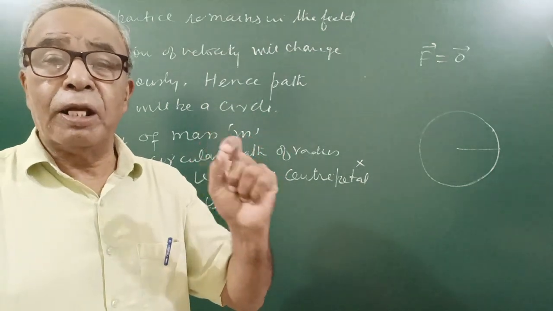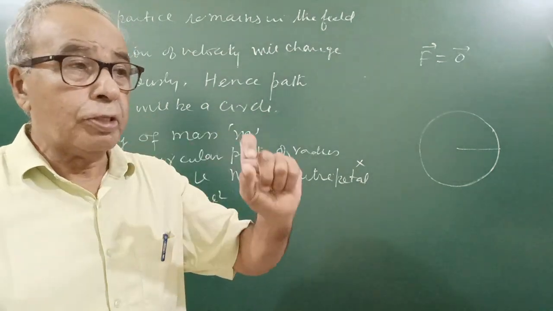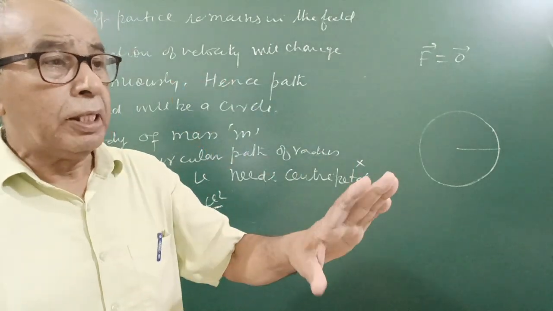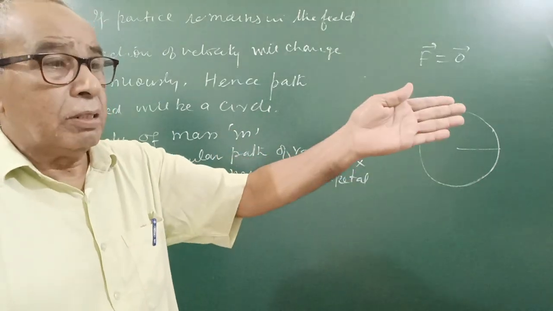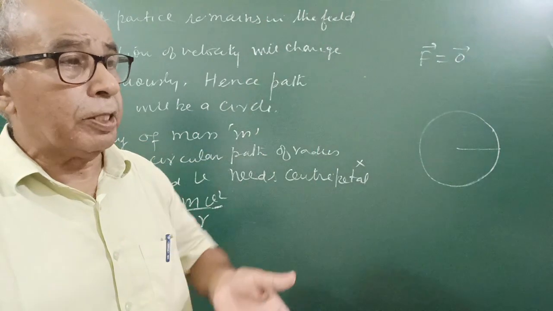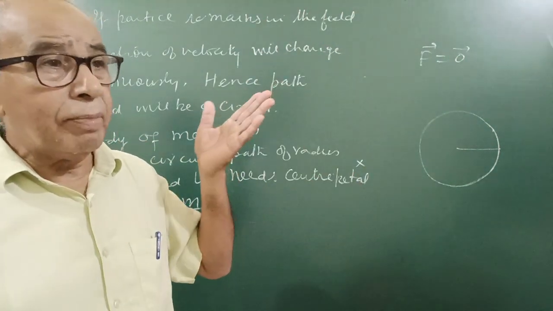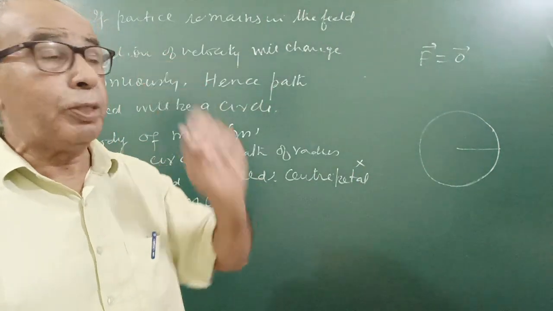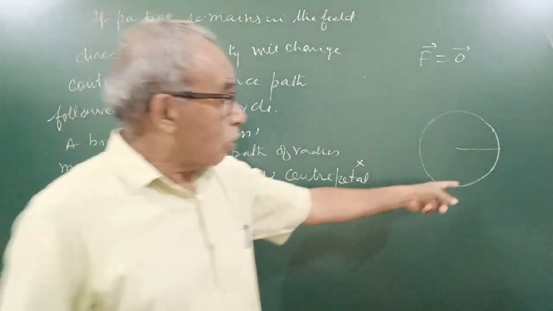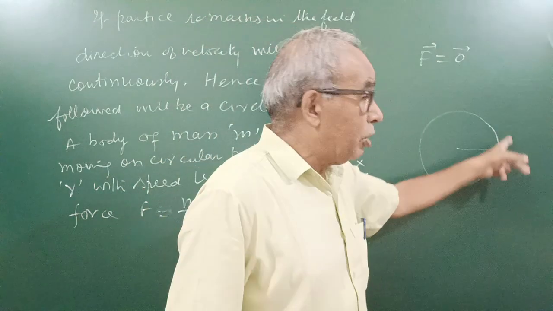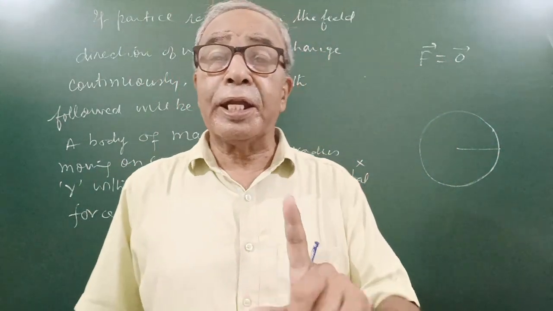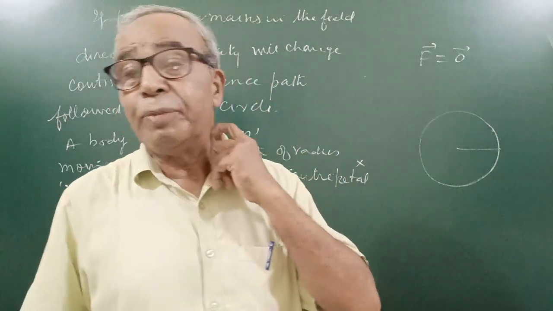Force is that external push or pull, which can change the state of rest or state of motion. State of motion means direction and speed, magnitude of velocity. So direction and magnitude of velocity cannot be changed without applying force. And here on a circular path, the body is changing direction continuously, so it needs a force which should be at right angle to velocity and is called centripetal force.